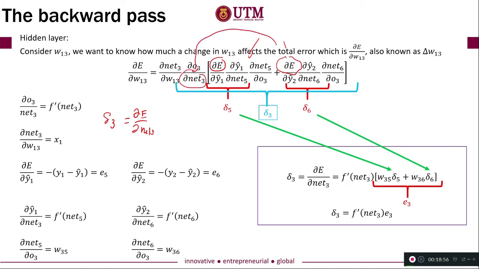So del E, okay, E here over the del net 3 here, make this expression as our delta 3, which is similar or equal to del E over del net 3.